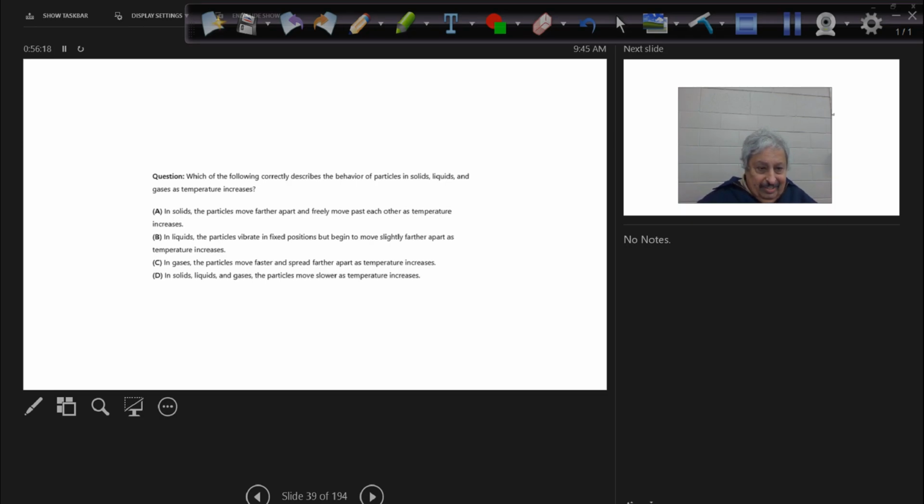Which one is correct? D, you can eliminate. Slower, no. The higher the temperature, the higher the rate of motion, correct? Which one is correct? C, gaseous particles move faster and spread farther. Yes, that's correct.